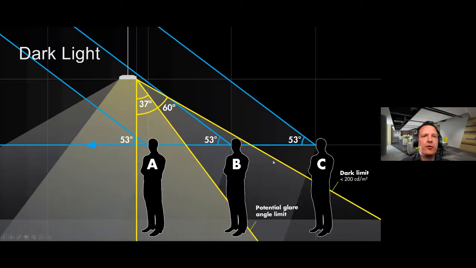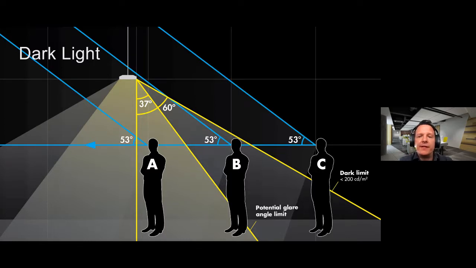If you look here at the different persons standing in different positions in relation to the luminaire, the surface luminaire, or we call it also dark light. So the requirements are surface luminance can be not more than 200 candela per square meter above 60 degree. So it means that virtually no light should be above 60 degree.